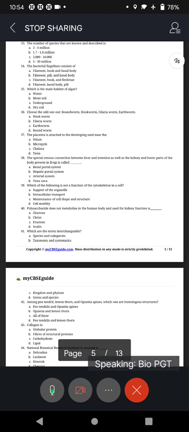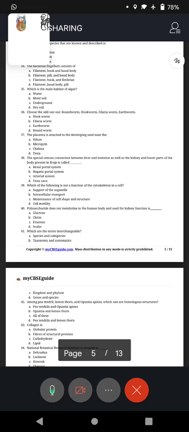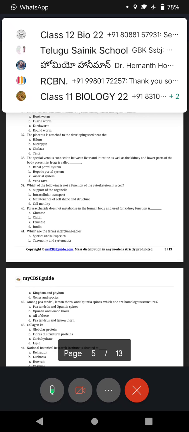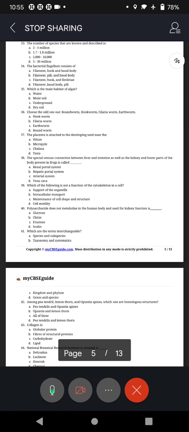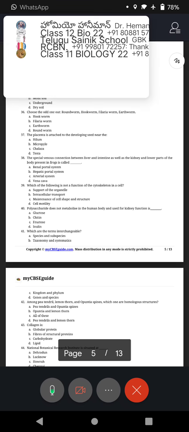Polysaccharide means sugar. Poly, many, saccharide, sugar, that does not metabolize in the human body and is used for kidney function is glucose, chitin, fructose and insulin. Does not metabolize.